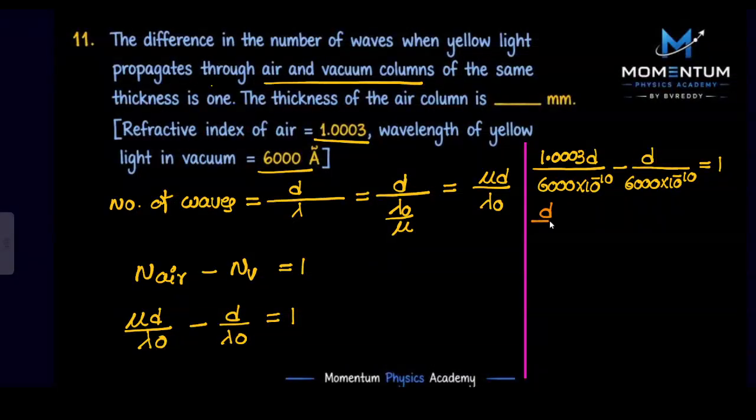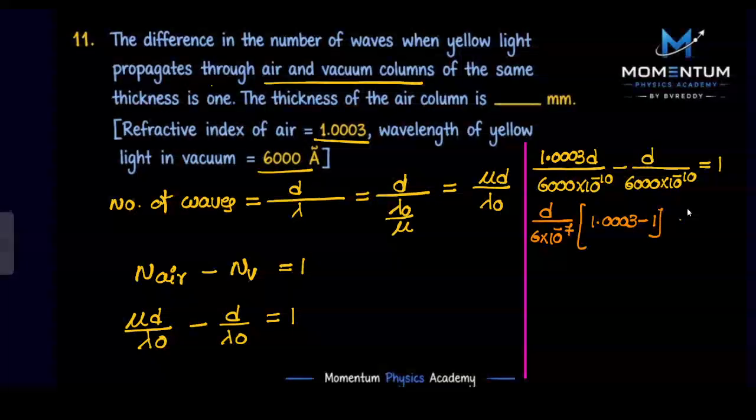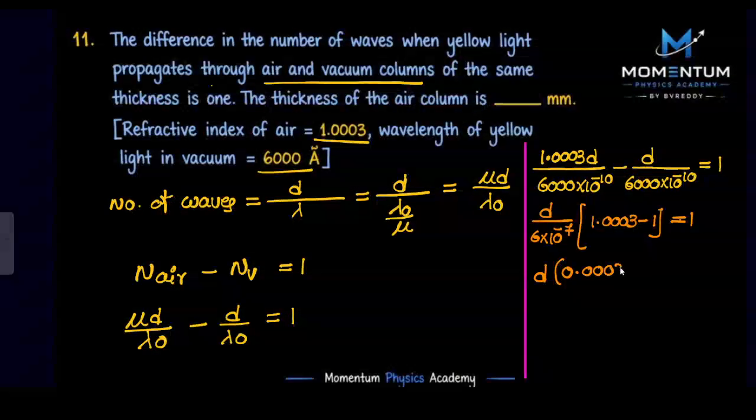So this is D by 6 into 10 power minus 7, into 1.0003 minus 1, which is equal to 1. Now, D into this value, 0.0003, is equal to 6 into 10 power minus 7.